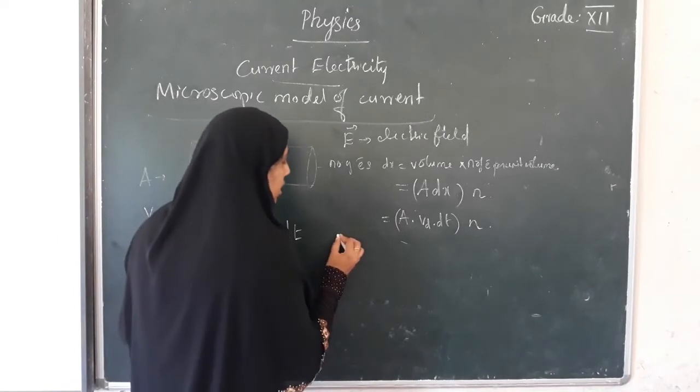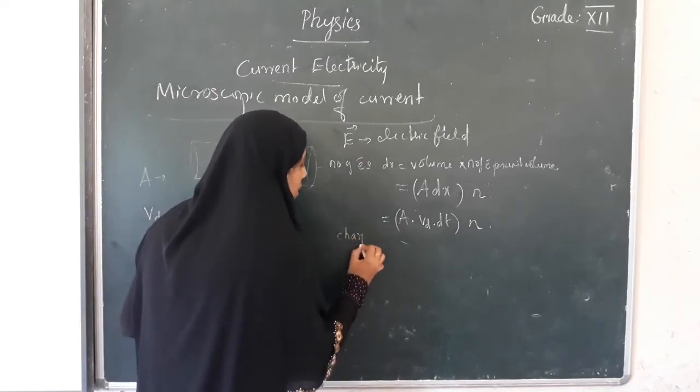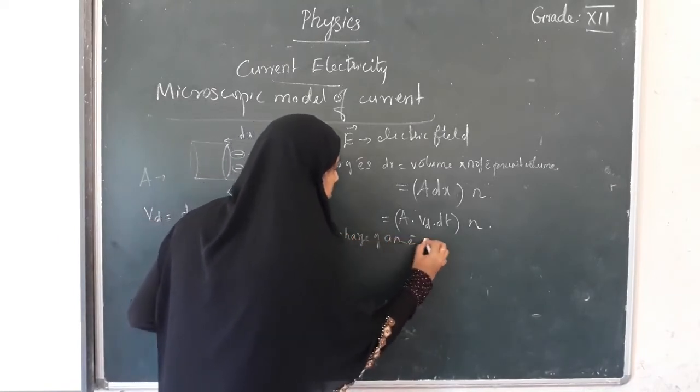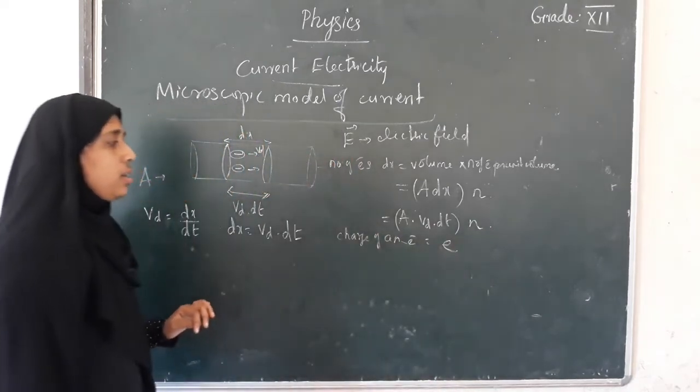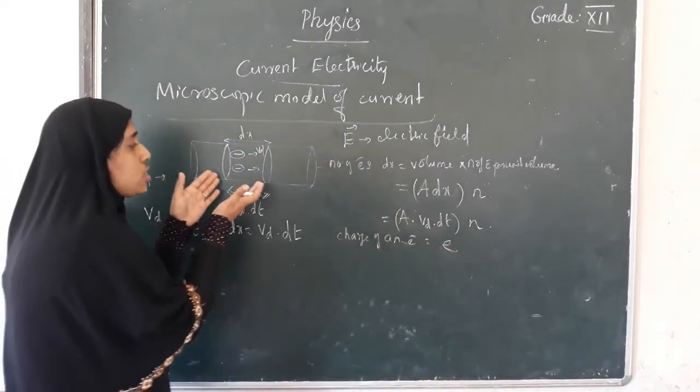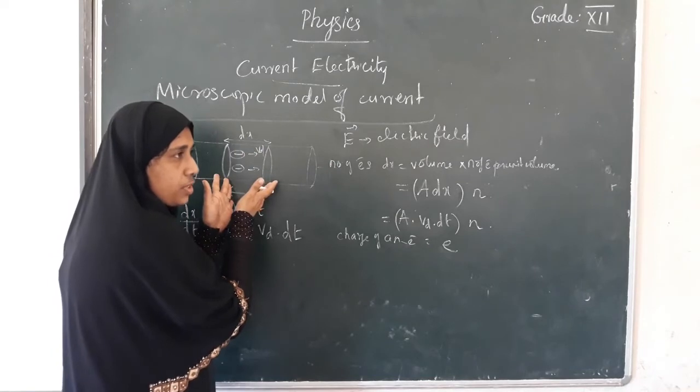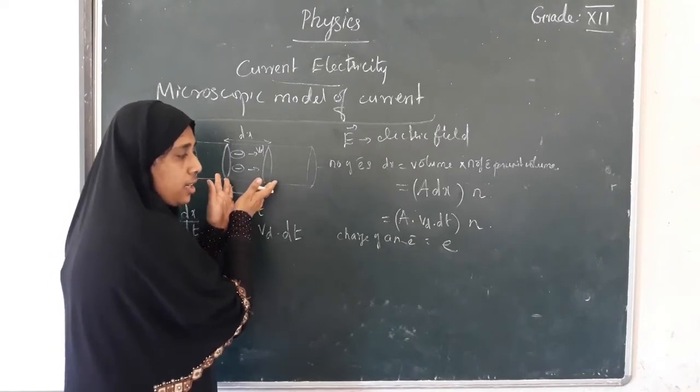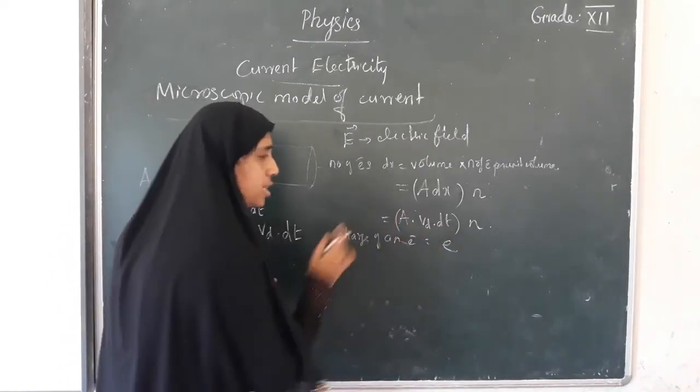Now, the charge of an electron is e. Then, the total charge of these electrons, multiplying the number with this charge.